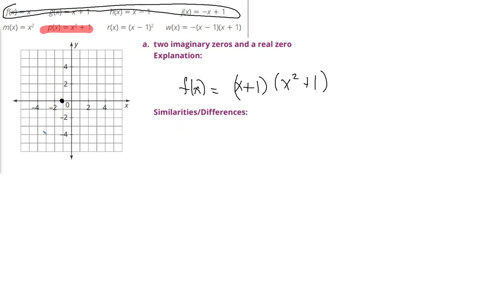So that means at negative 1 I have an x-intercept, and at 1 I'm going to have a flattening point. So that means my graph is going to kind of curve up here, flatten out, and curve back out. So we're all going to have a vertical shift of 1. And then we're all going to have just one x-intercept.